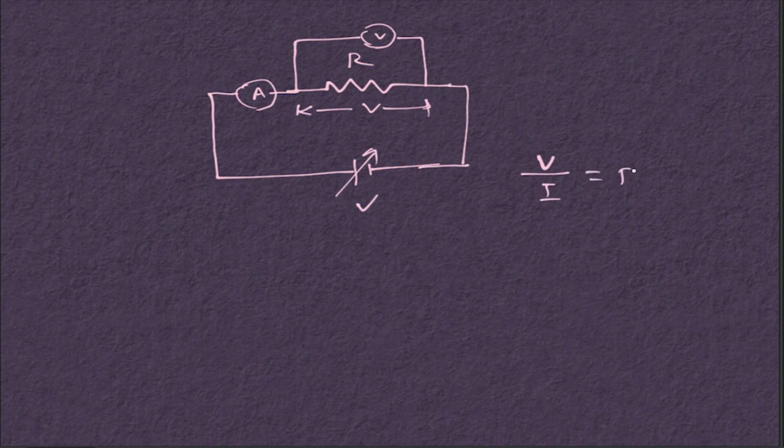That gives the resistance of the conductor, and this resistance is measured in ohm. Volt by ampere is equal to ohm. Ohm is the resistance. Thank you. We'll discuss more later.